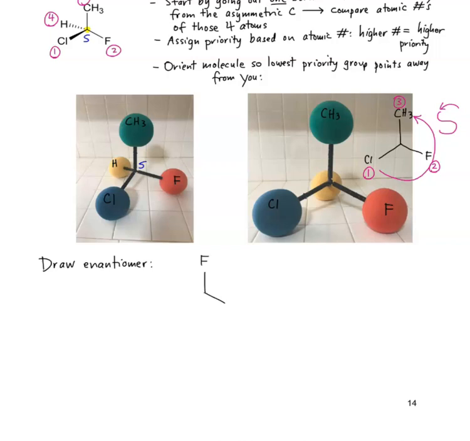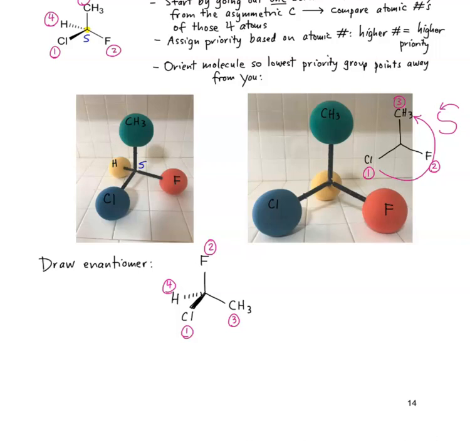I'm going to switch the fluorine with the methyl group. And I'm going to leave the hydrogen and the chlorine where they were. Now I have the same groups, so the priorities have not changed. But the spatial arrangement of the groups has changed.